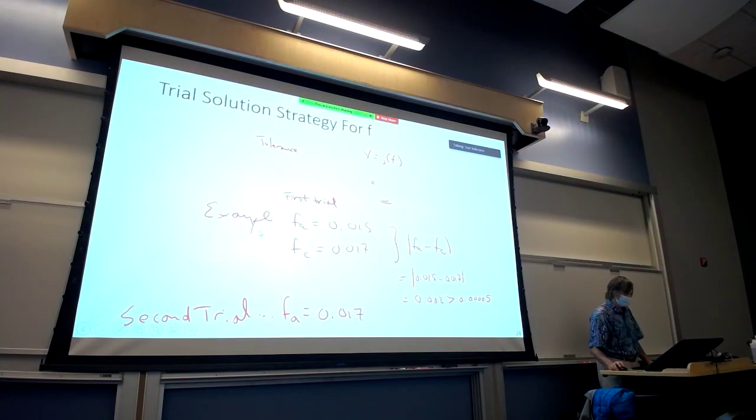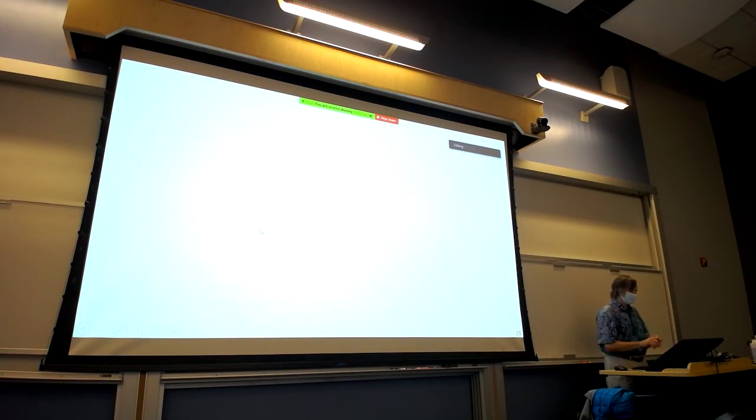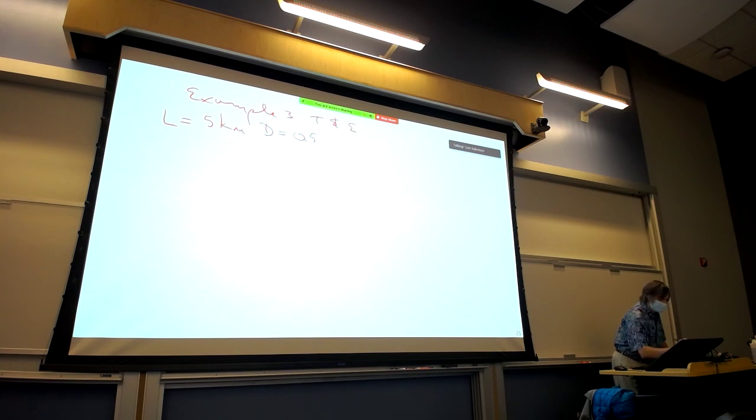So if we were doing the same problem, trial and error. And remember, in that problem, we've got a length of pipe equal to 5 kilometers. We've got a pipe diameter equal to 0.5 meters.